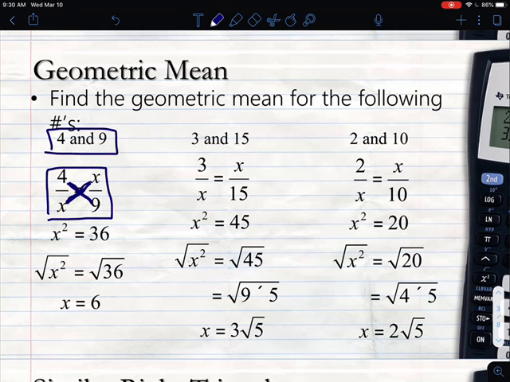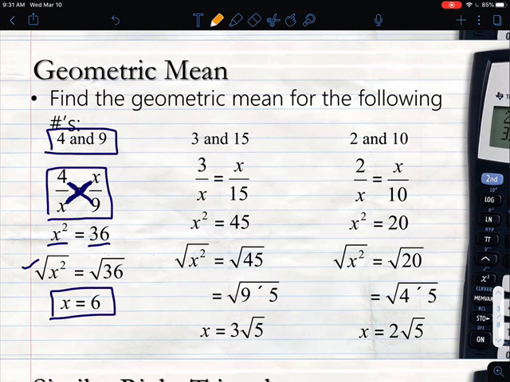So I cross multiply here, x times x is x squared, 4 times 9 is 36. And so then all I need to do is find x by square rooting both sides. So that's what you see in this next step here. We take the square root of both sides, and since 36 is a perfect square, we finish with x is equal to 6.